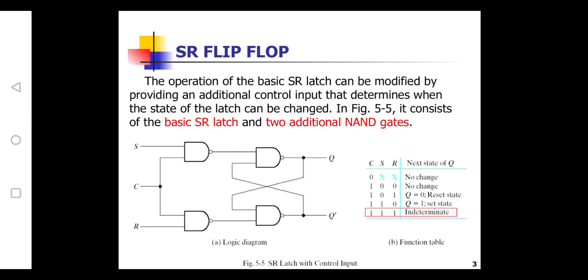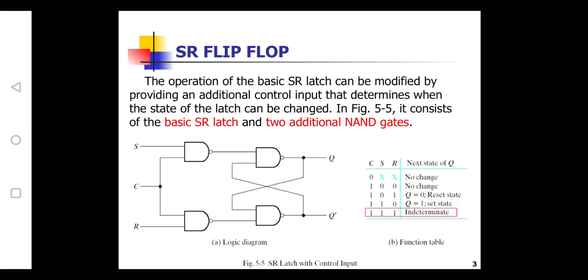Previously I assumed the Q value is 0, and the next value is also 0. It means whatever the previous value is, it is retained in the same position. That is the reason in the functional table I have written that when S is 0 and R is 0, whatever the previous value we take, we get the same value. Such a state is called the no change state.